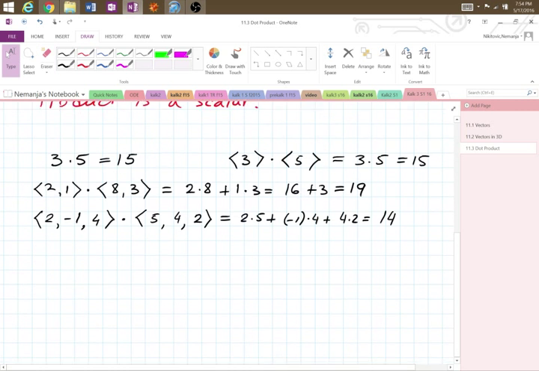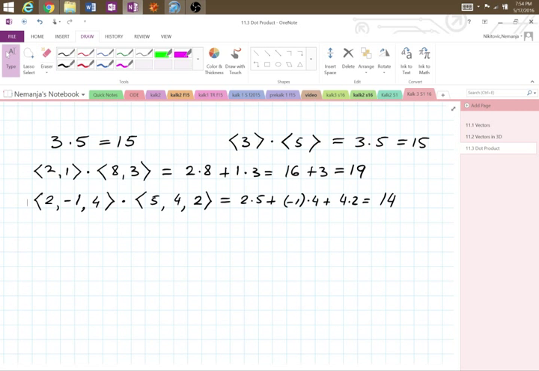Now let's take a look at the use of this dot product, because we don't define things just to have them, right? We define them so we can use them in engineering, physics, and so on. So what can we do with this? Well, we can actually find the angle between two vectors using the dot product.